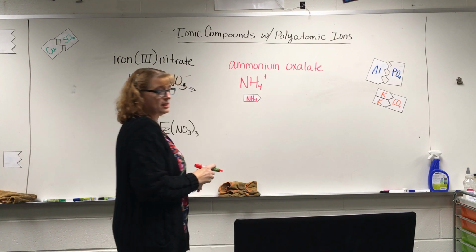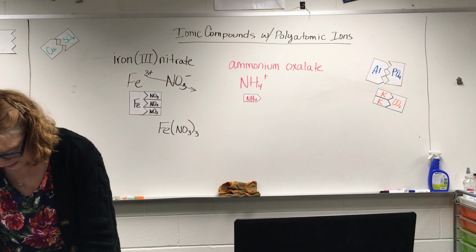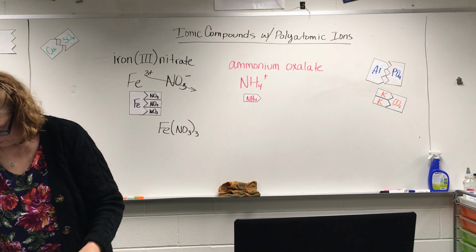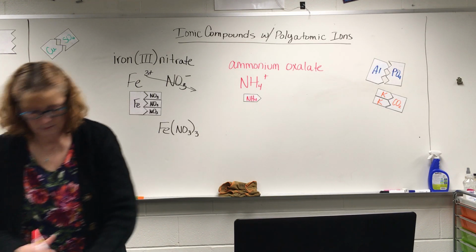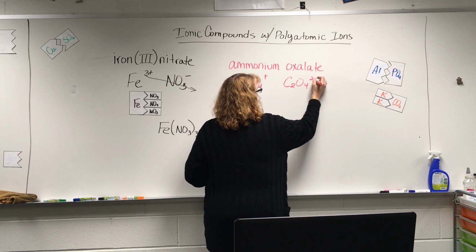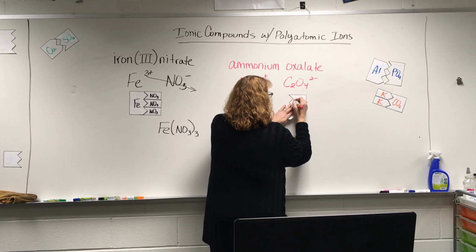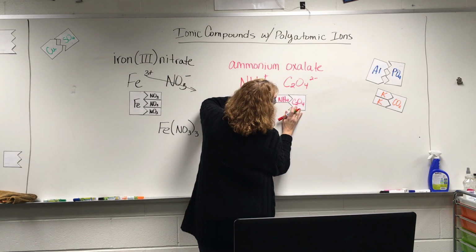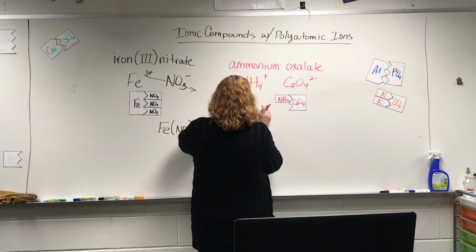And what about oxalate? C2O4 with a -2 charge. Correct. C2O4. Okay. So notice we need more than one NH4.